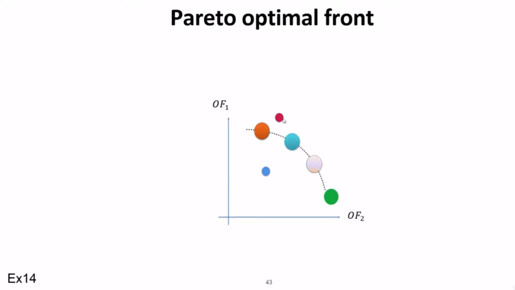If I ignore these two new solutions that I showed you and just look at these 4, these solutions are not better than each other in every aspect. If I improve one objective function, I'm deteriorating the other one. So the question is, if I have a problem with 2 different objective functions, how can I find these Pareto optimal solutions?